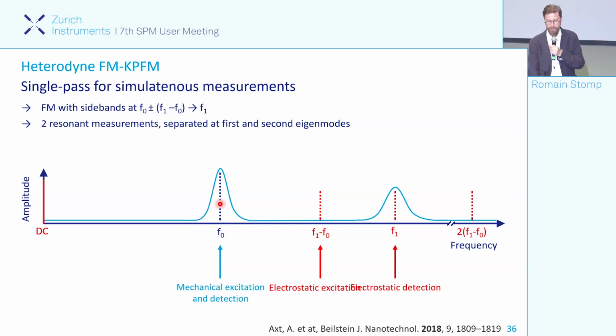So basically, instead of doing F0 plus minus FM, a small modulation, use the modulation frequency FM equal to F1 minus F0. And now if you do F0 plus FM, it's basically F1. And of course this is phase coherent. So that means it's still an FM technique because you are sensitive to the phase, not to the amplitude.